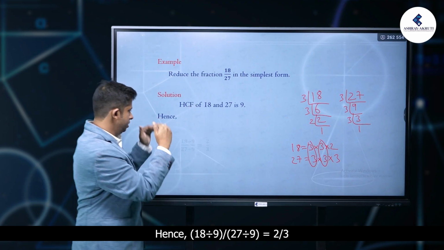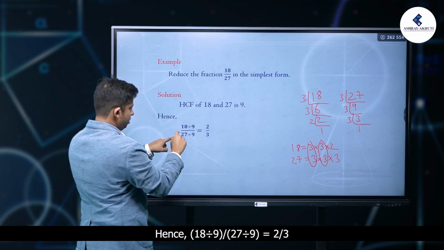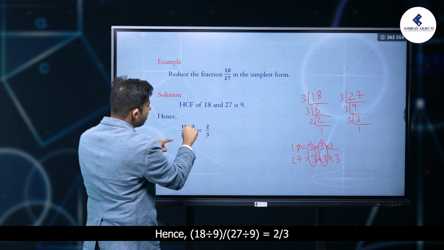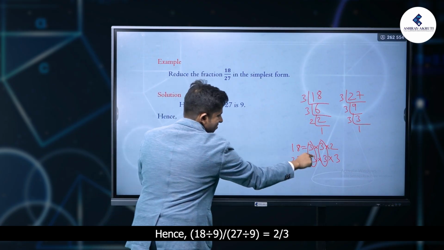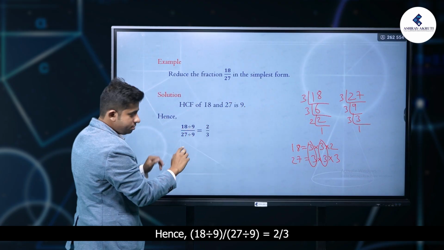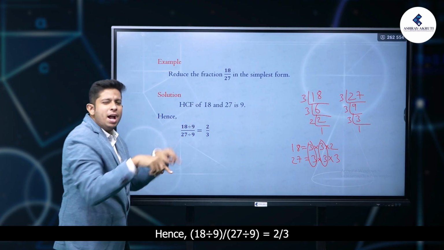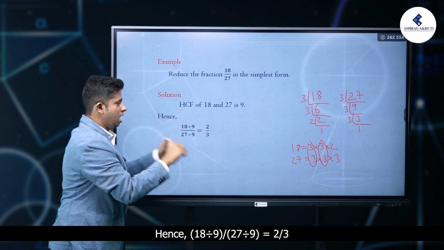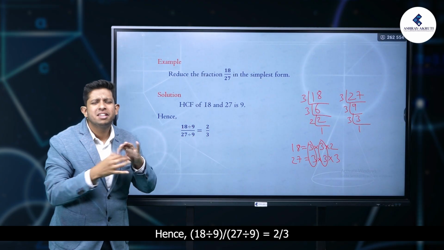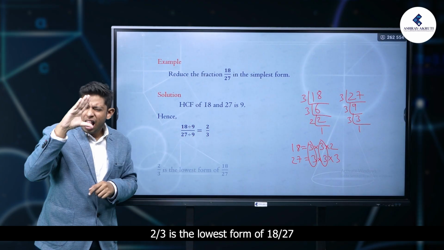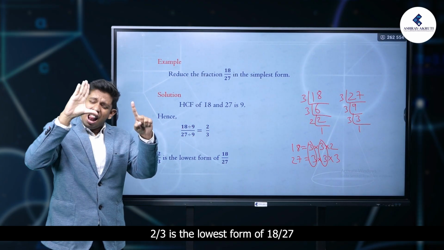Hence, 18 divided by 9, 27 divided by 9 is equal to 2 by 3. So 2 by 3 is the lowest form of 18 by 27.